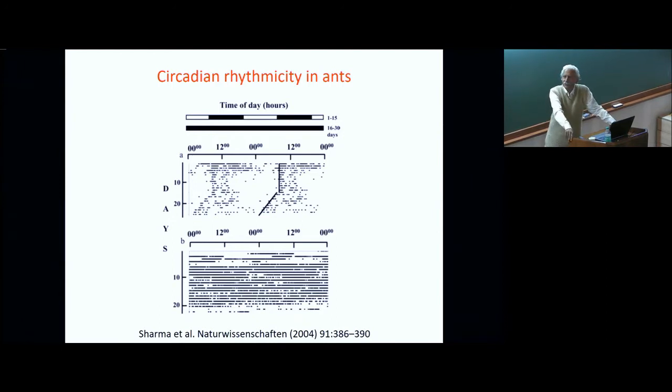But Sharma and Chandrasekharan found something very interesting. You have to look at the slide a bit closely for that. Compare the top half and the bottom half, the top bars and the bottom bars. They found that when they compared these rhythms in two so-called castes of the common ground ant Camponotus, the same sort of ant, a major worker that functioned as a soldier, was arrhythmic. That's the bottom thing where you see black and white interspersed all over the place.